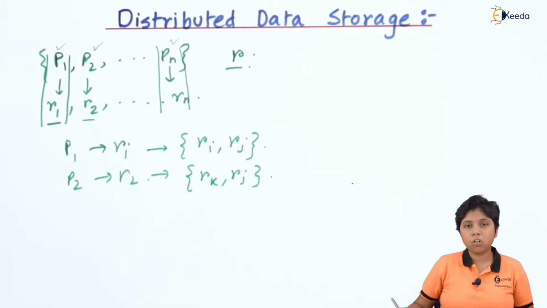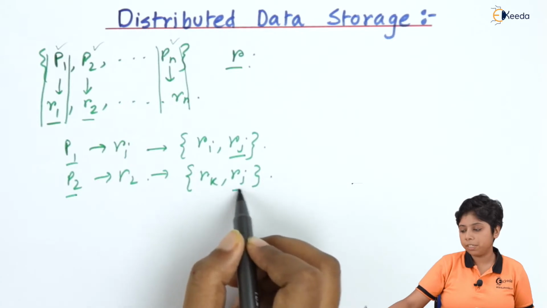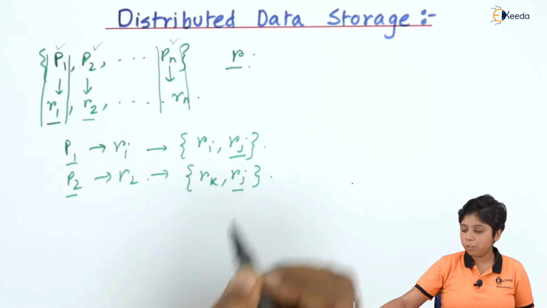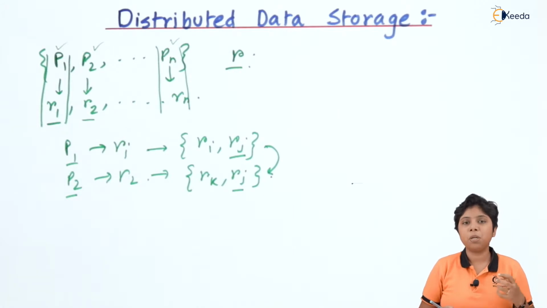Now there is a conflict: P1 is updating the part Rj and P2 is also updating the part Rj. So P2 needs to propagate its update to P1, otherwise P1 cannot have the modified data on which it can update Rj. To propagate updates to the other processors, there is an increased overhead of message passing.